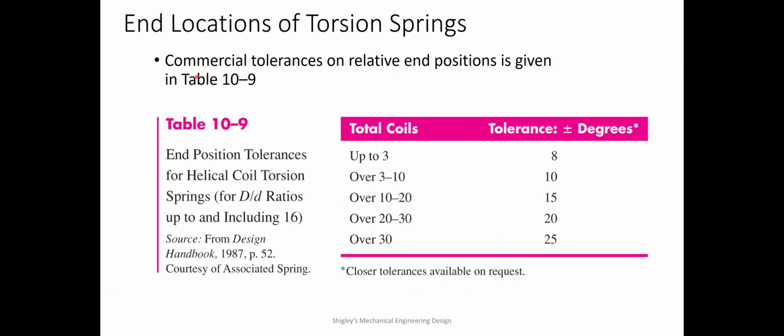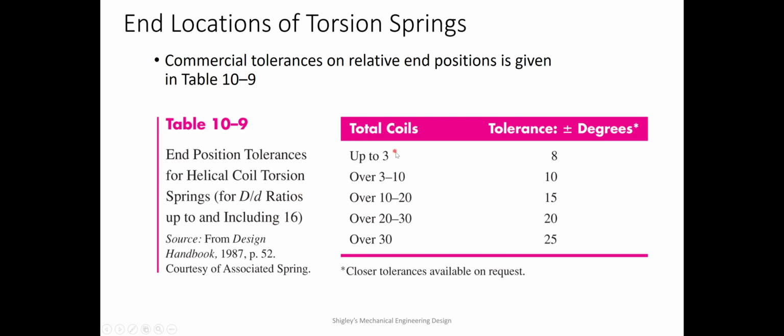So this table represents the end position tolerance for helical coil torsion springs for D over d ratio up to and including 16.